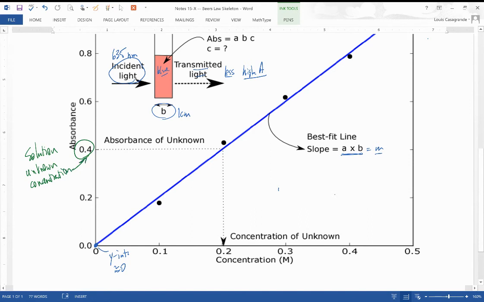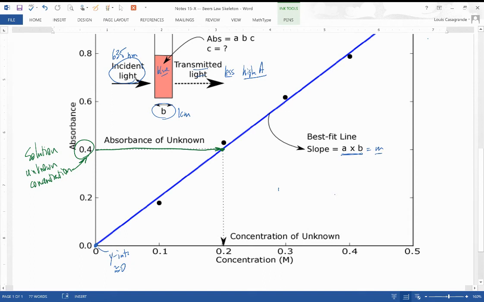Here's where Beer's law comes in. Now, you can use the slope of the line and the equation for the line, and if you really want to try that, I'll let you go ahead and do that. But what I want you to do is read this off the graph. So you're going to take a straight line from your 0.4 absorbance all the way over to the line itself. Don't look at the points that are off the line.